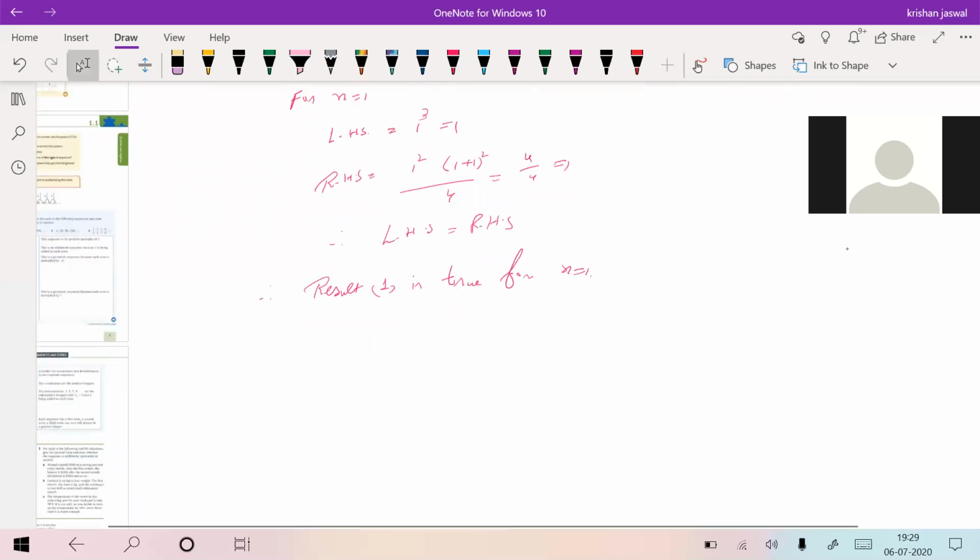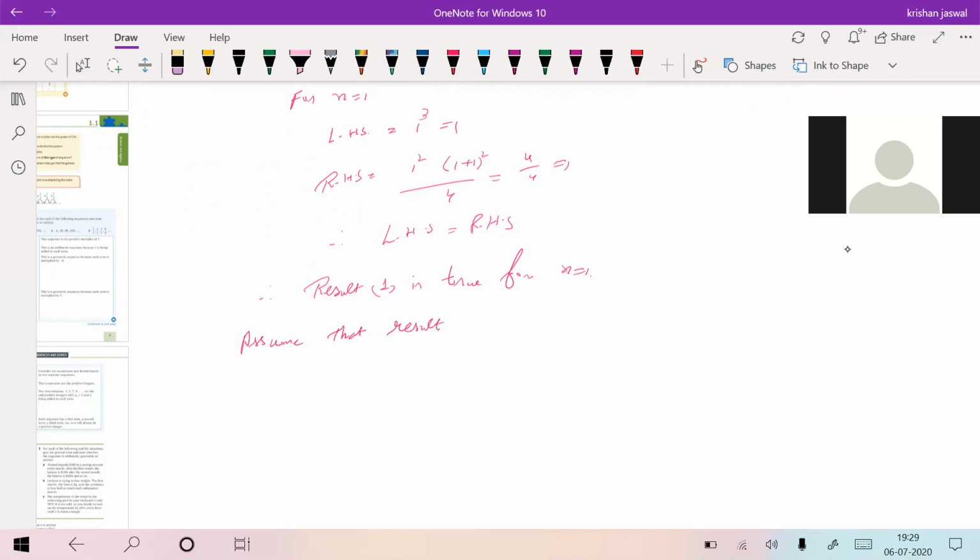Assume that result 1 is true for n is equal to k.